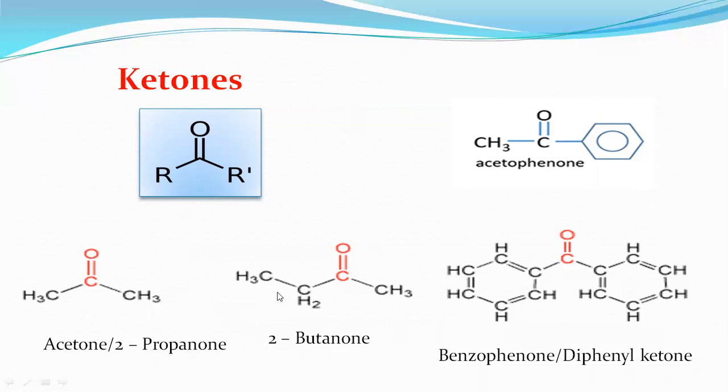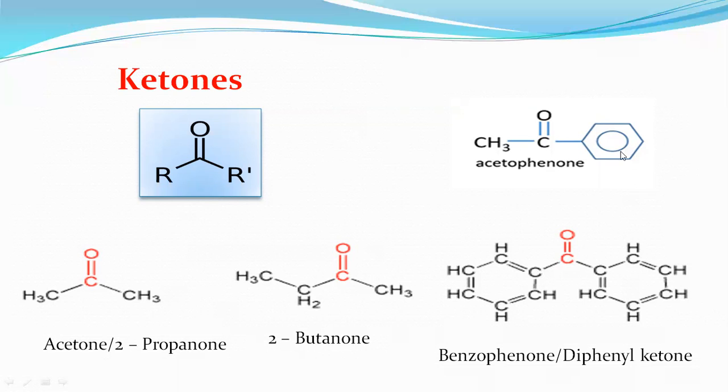If we increase the chain by introducing more alkyl groups, we get higher ketones. Here, 2-butanone. We have to indicate the position by numbering the carbon atoms. This is carbon number 1 and this is carbon number 2, and therefore 2-butanone is an example of a ketone. Acetophenone is an example of an aromatic ketone, where one R is CH3 and one R is the benzene ring.